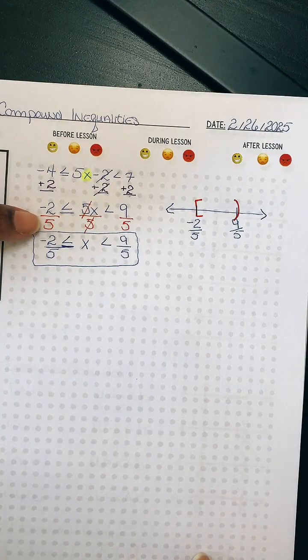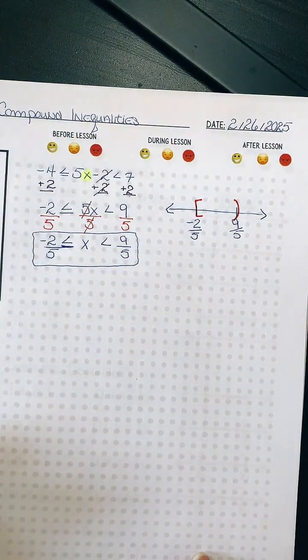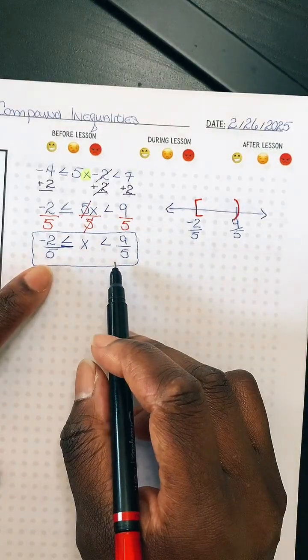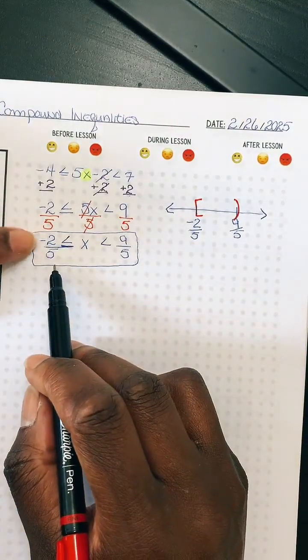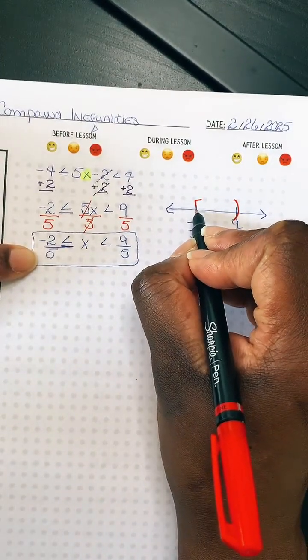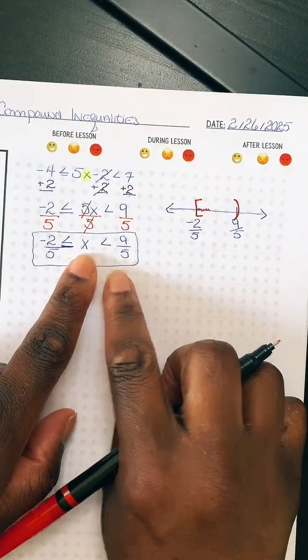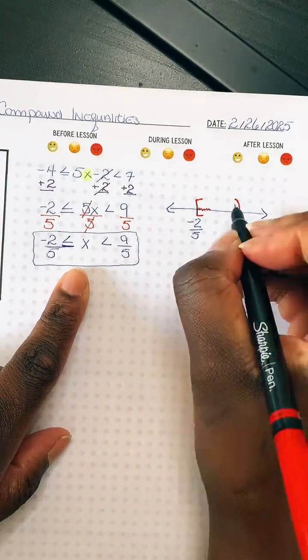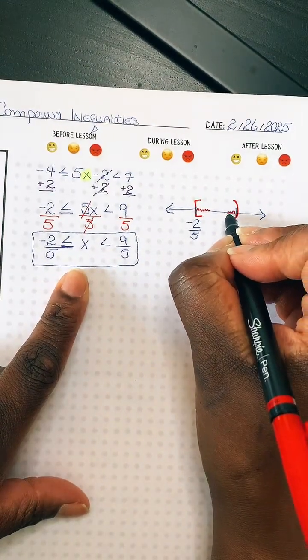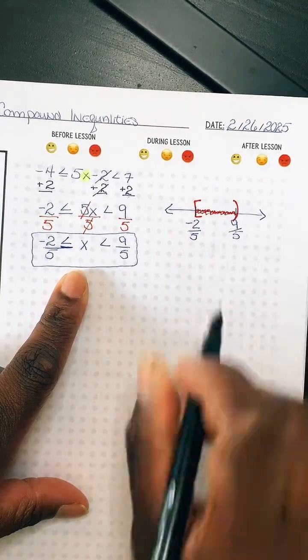So since we didn't divide by a negative number, the signs did not change. All right. So what's happening here, they're saying that negative 2/5 is less than my x, so it's dealing with numbers that are higher. And this is saying that x is less than 9/5, so it's dealing with numbers that are lower. So our answers are going to be right smack in between.